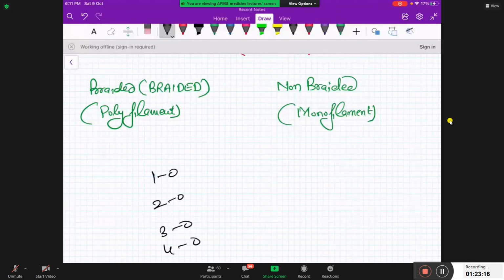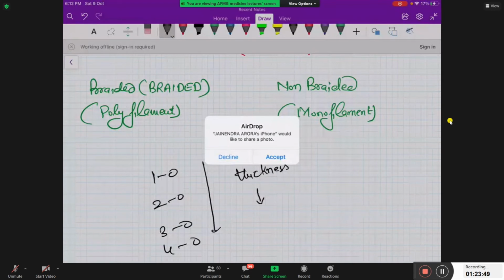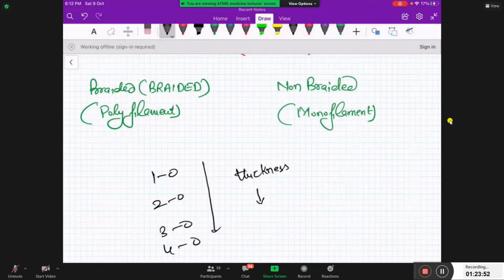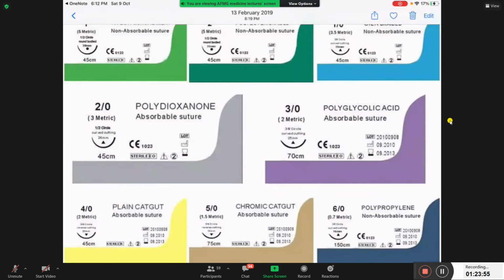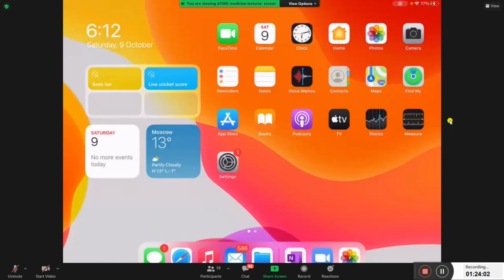Now, as this number increases, the thickness of a strand of suture material is decreasing. Look, 1-0, 2-0, 3-0 is written.